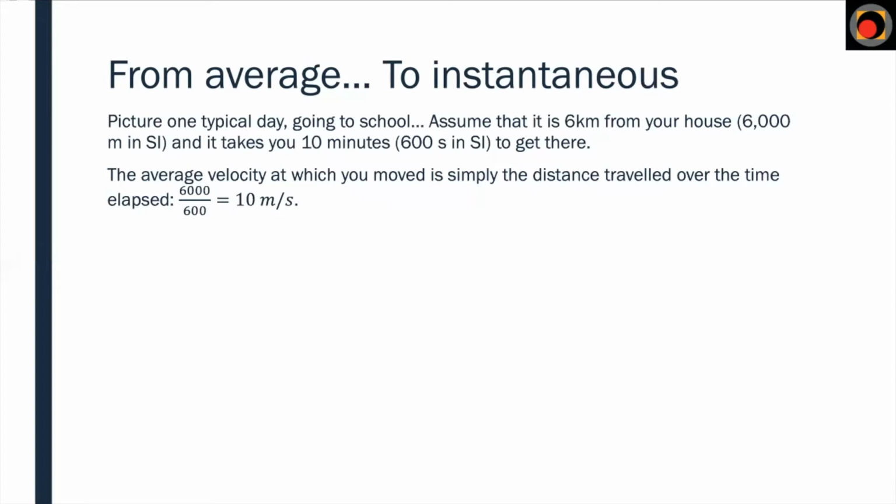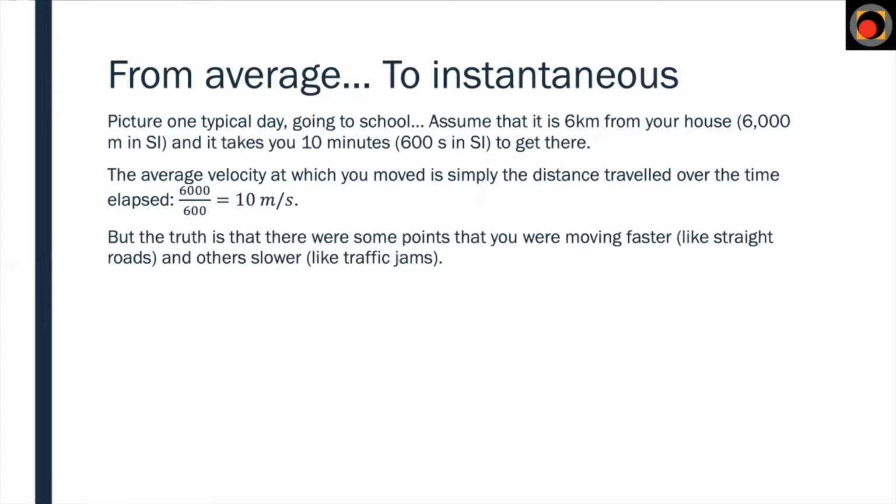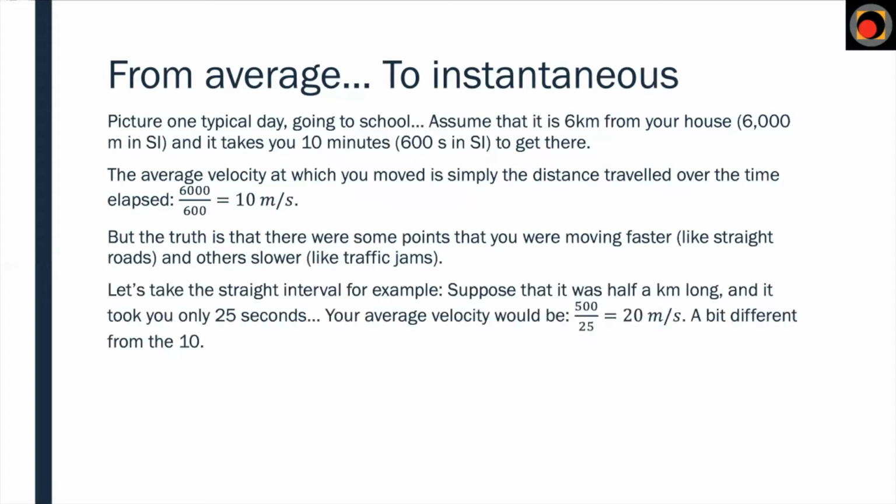But we all know that it's not precisely like that, because there were some parts of the road in which you were going faster, like straight roads, or others in which you were moving slower, like traffic jams. So if we go a little more precise, instead of taking the whole 10-minute journey, we can take, I don't know, the straight interval, for example.